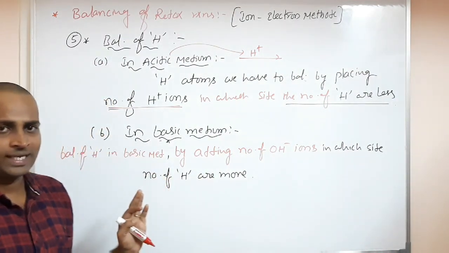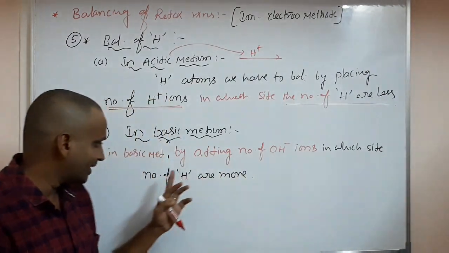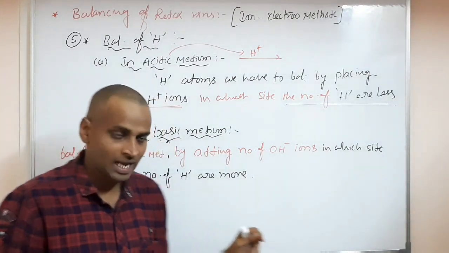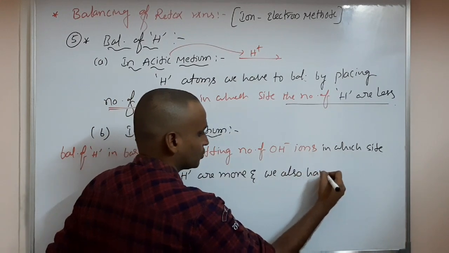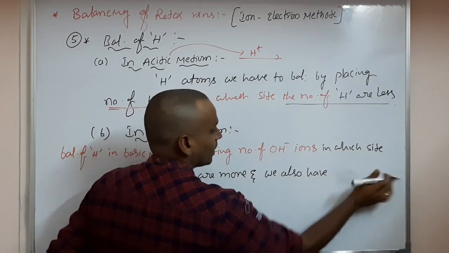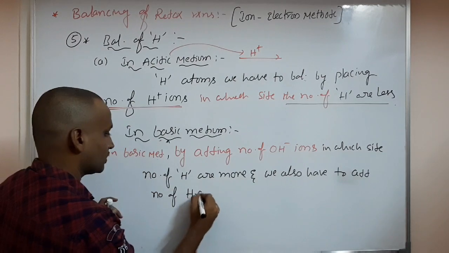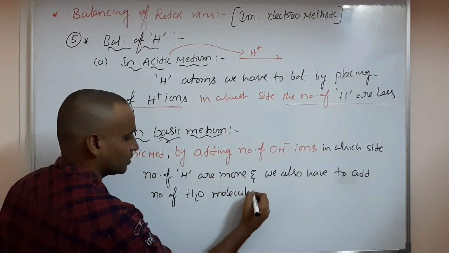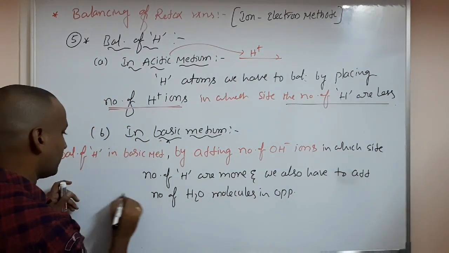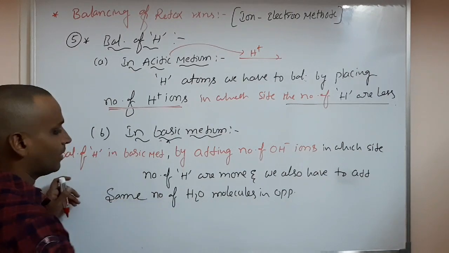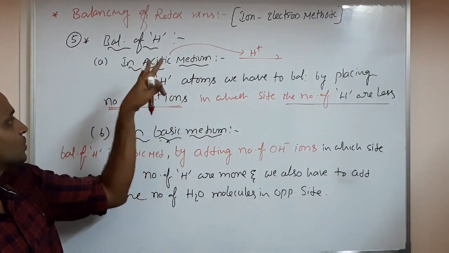We will balance hydrogen in basic medium by adding OH minus ions in the direction where the number of hydrogens is more, and we also have to add water molecules on the opposite side. How many? Add the same number of water molecules on the opposite side. Please remember all these points.